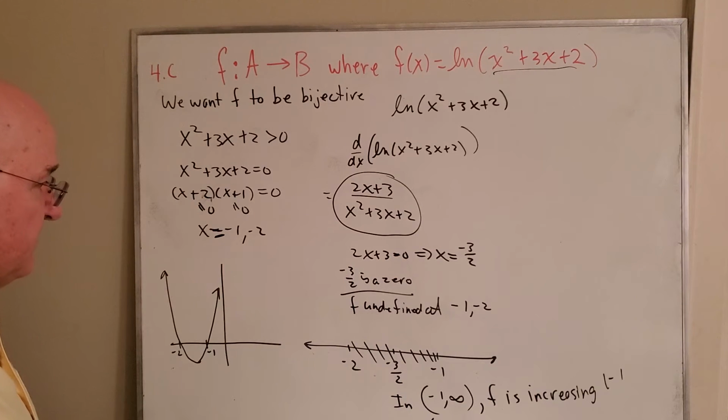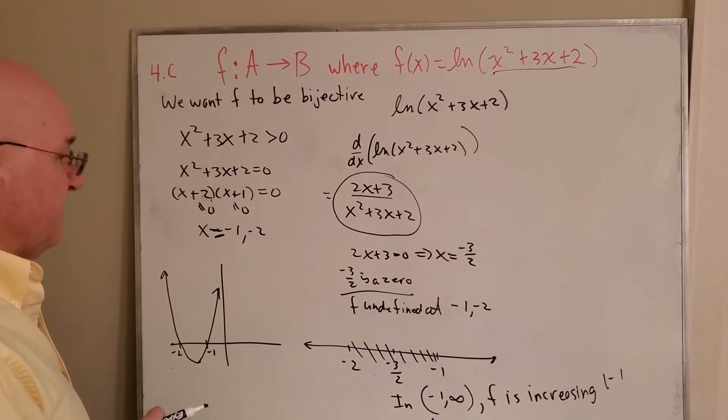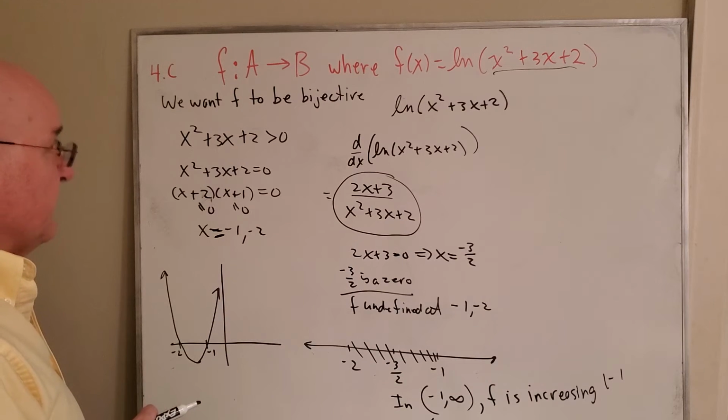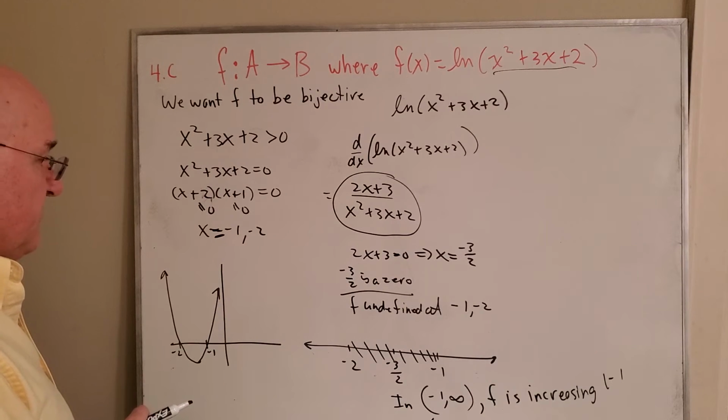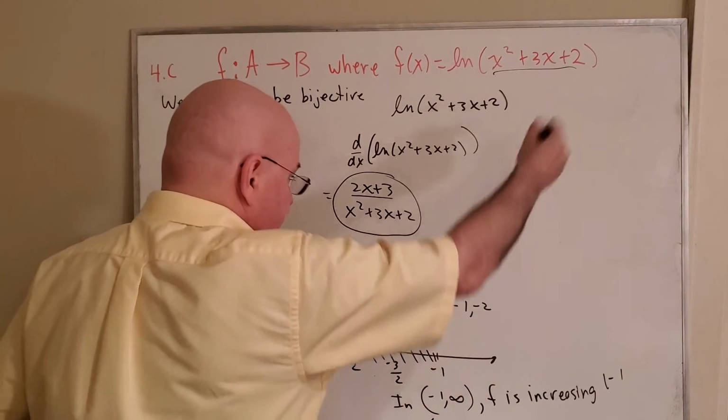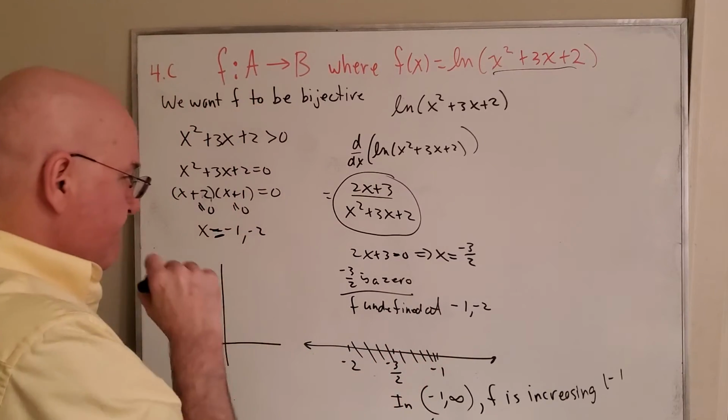So now you need to simply figure out what the image of the function is at that point. And I believe it's going to look like going from negative infinity up to positive infinity.